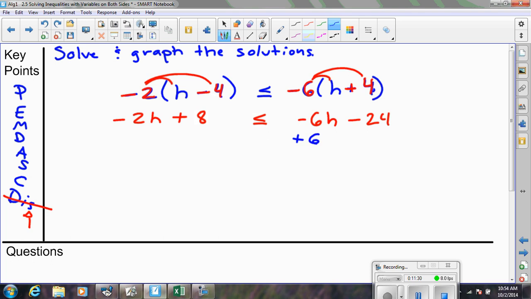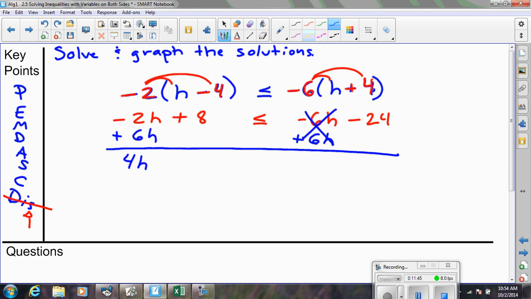Plus 6h plus 6h. Okay, that cancels. On the left-hand side, negative 2h plus 6h. Yeah, positive 4.